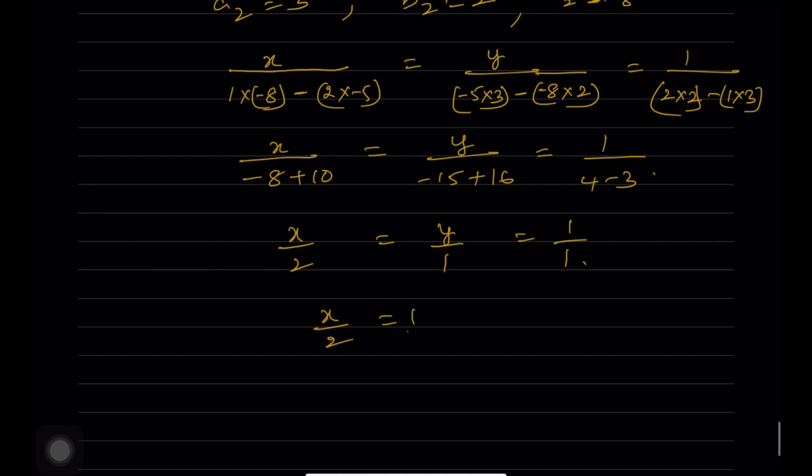So x by minus 8 plus 10 is equal to y by minus 15 plus 16, which is equal to 1 by 4 minus 3. So we get here x is equal to 2 and y is equal to 1.